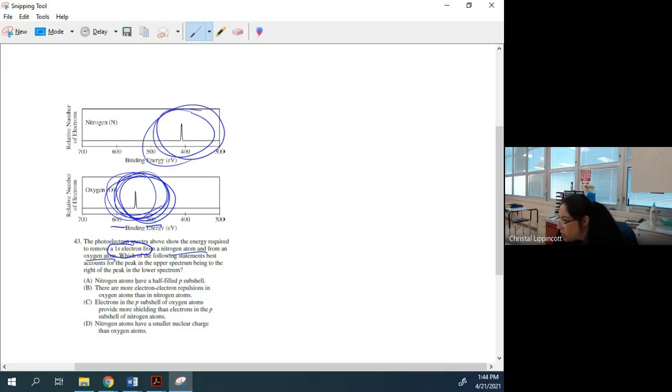So nitrogen will have a half-filled P sublevel. If it has a half-filled P sublevel, this is what it looks like. Oxygen looks like this. If we tried to remove one electron from oxygen, have we changed anything about the inside?